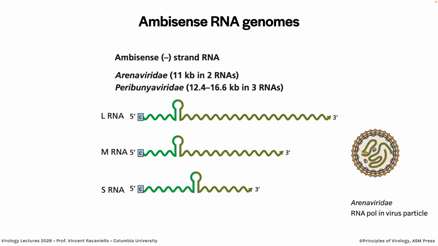So that tells you that despite these viruses having some plus sense, the first thing that happens when they get into cells is not translation, but synthesis of an mRNA. And that's why you need the RNA polymerase in there. But then this part that is plus stranded can be translated later on in infection.